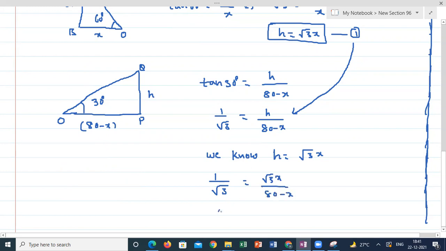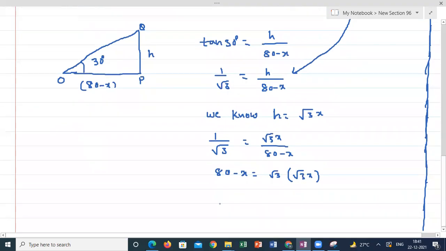Cross multiplying, 80 minus x is equal to √3 into √3 x. This will be 80 minus x is equal to 3x. 80 is equal to 4x. From here, x is equal to 20 meters.